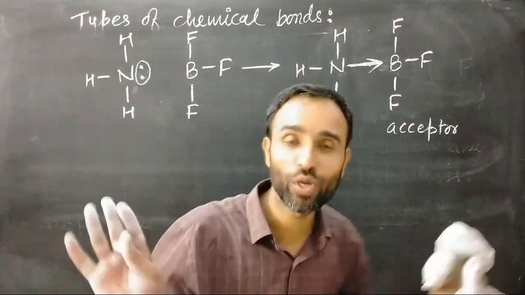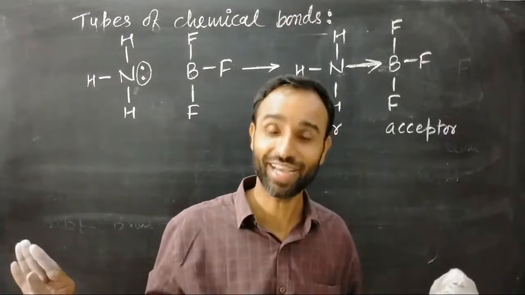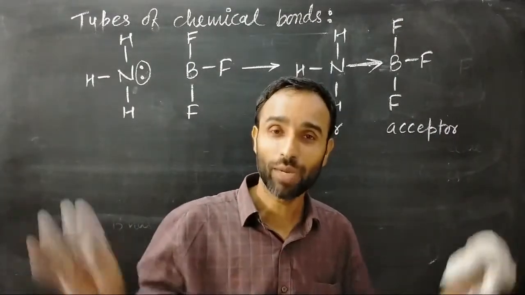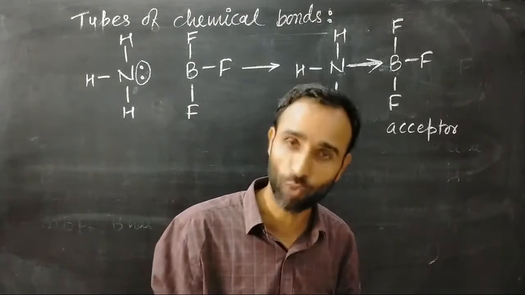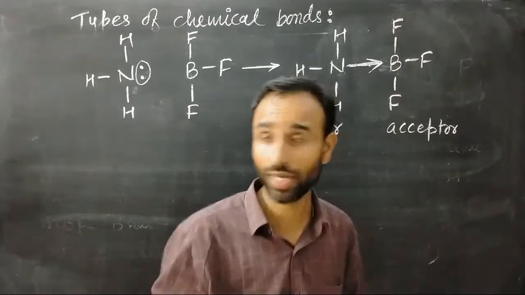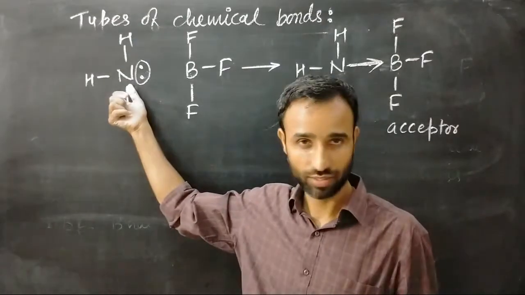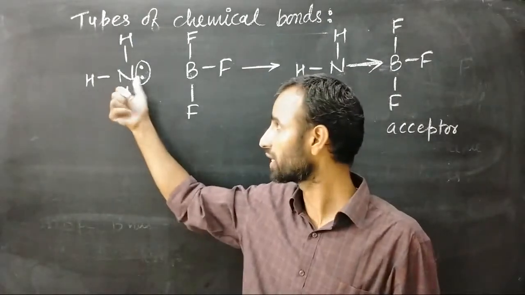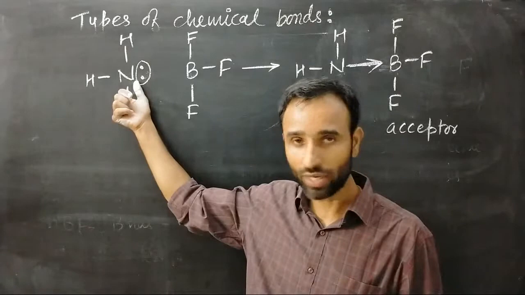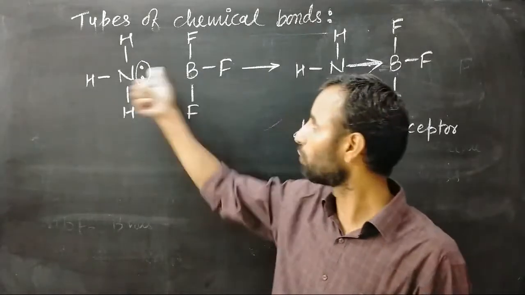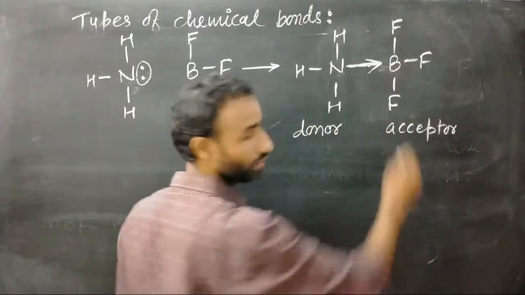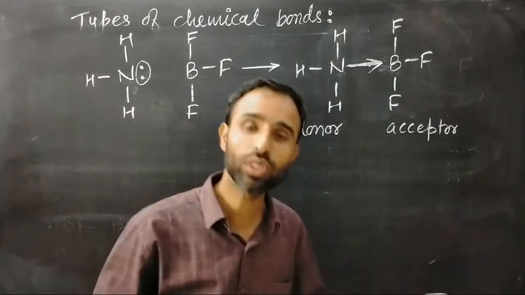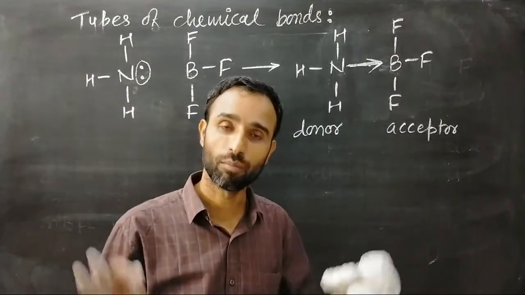Nobody has a loss in this, okay? Rather, BF3 got satisfied by forming this type of bond, because earlier only the central atom of ammonia had a complete octet of electrons, but once the bond is formed, both nitrogen as well as boron have a complete octet.